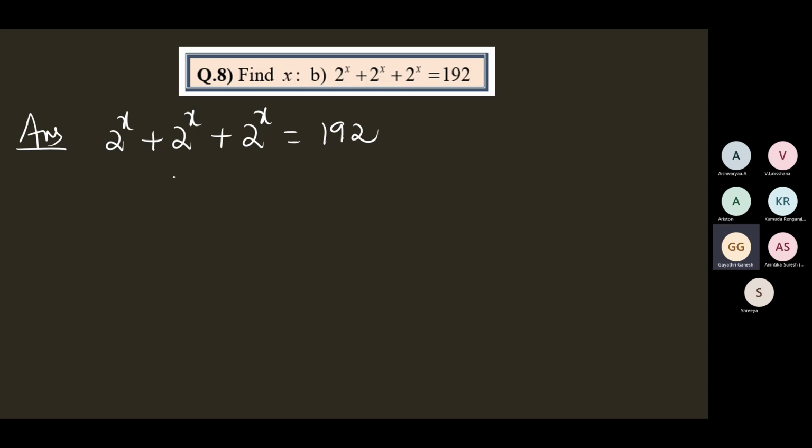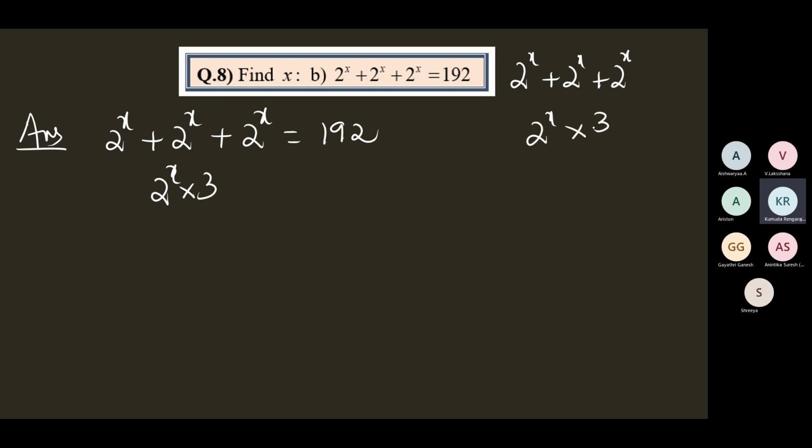2 to the power x and into 3. Yeah, 2 to the power x into 3 or 3 into 2 to the power x. Both are correct. 2 power x plus 2 power x plus 2 power x. Repeated addition is multiplication, so it is 2 power x into 3 or 3 into 2 power x.